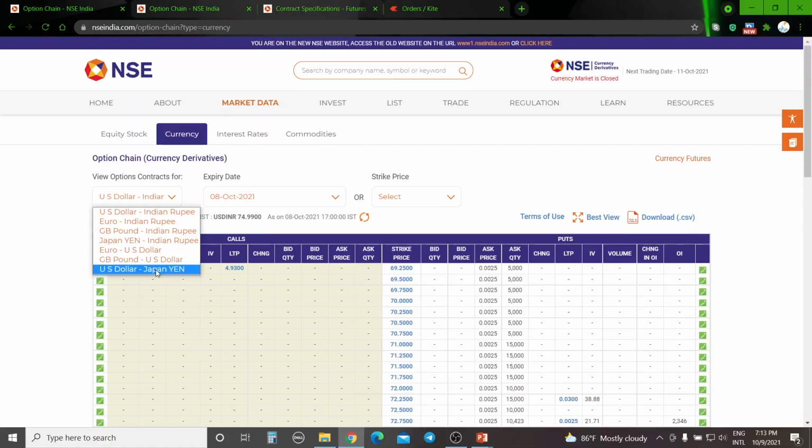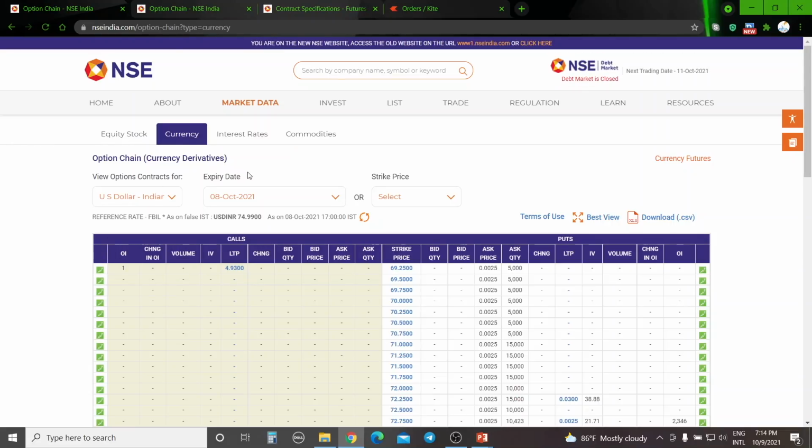Whatever pair we are trading against the Indian rupee, you can trade those against each other: Euro USD, Great Britain Pound USD, and USD JPY, Japanese yen. So for the other pairs, you have the US dollar against the other currency. These are the international currency pairs. You can still trade in the Indian markets. We are mainly going to focus on USD INR. I'll tell you why we have to focus on this.